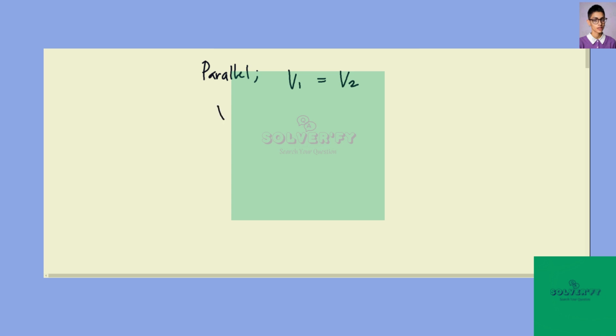Therefore, from the equation of potential difference equals current times the resistance, we have I1 R1 is equal to I2 R2.